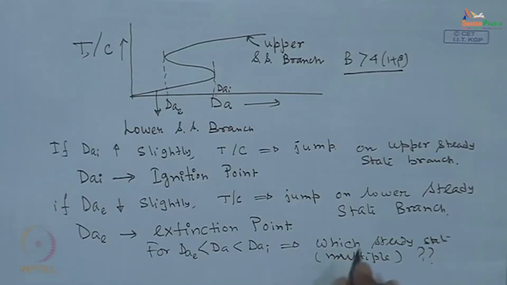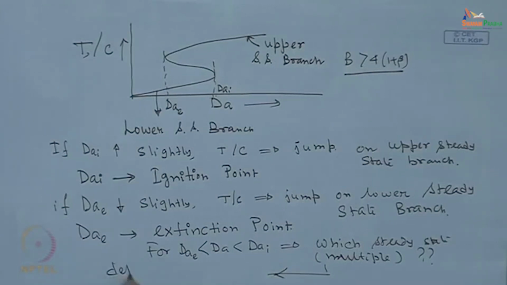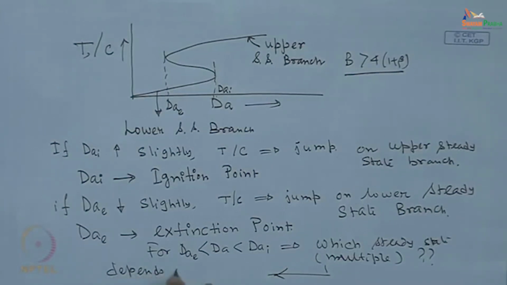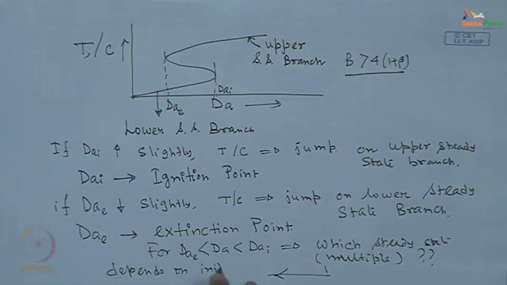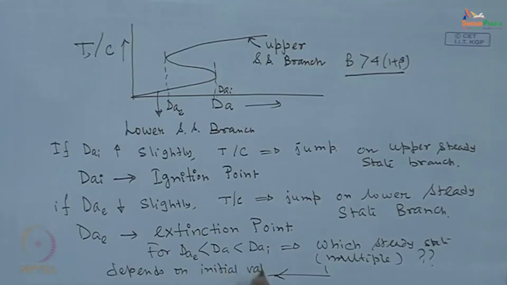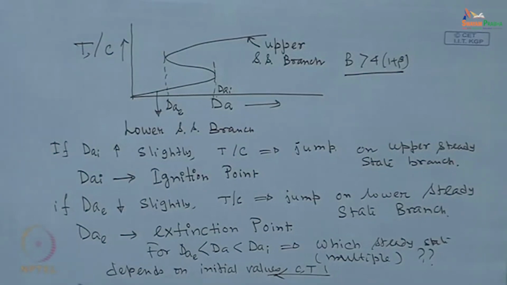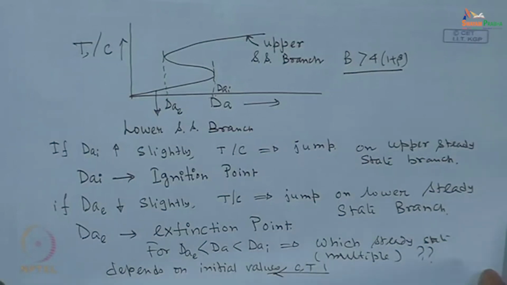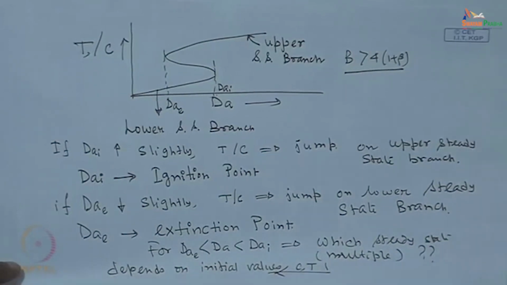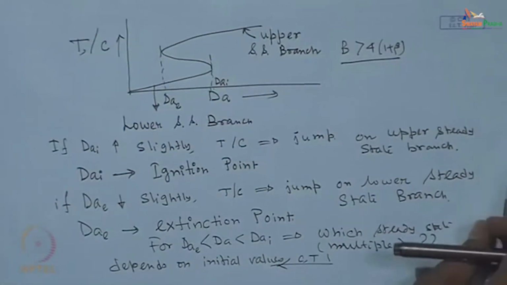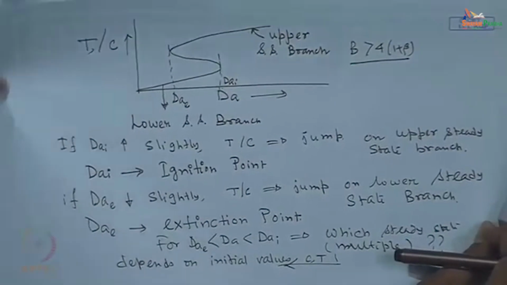That is the question. It entirely depends on the initial values of C and T. So, depending on the initial values of C and T, one can get the steady state in between.